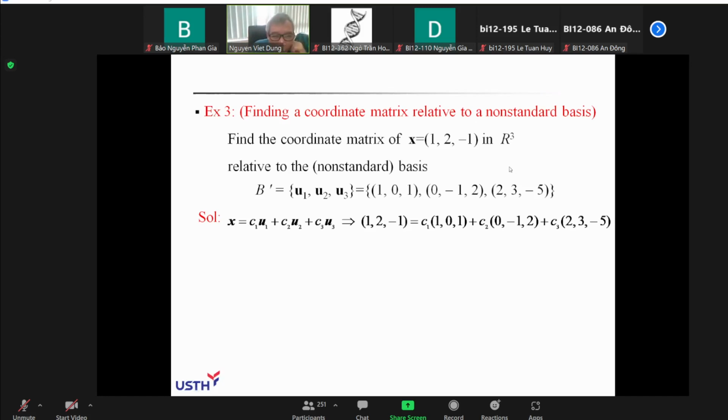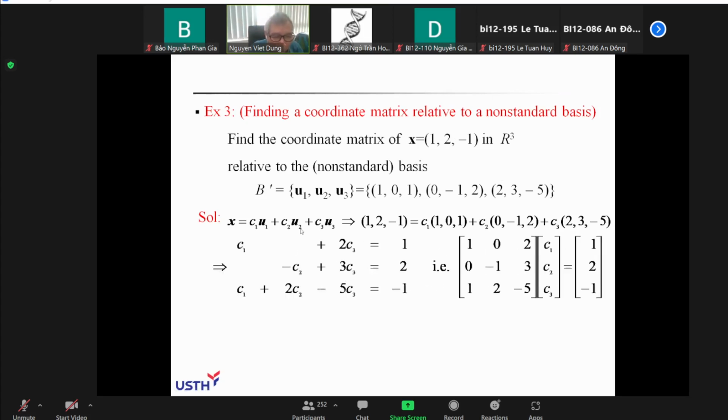To find the coordinates of X relative to the basis B prime means we need to find the numbers C1, C2, C3 so that X equals C1 U1 plus C2 U2 plus C3 U3. We write it here and substitute all the numbers in the equation. Because of that, you get a system of linear equations, or you can write it in matrix form like that one.